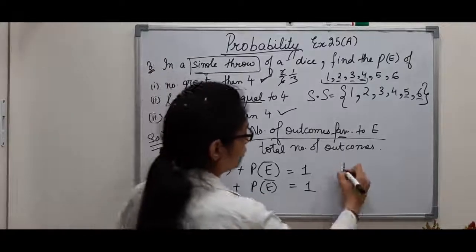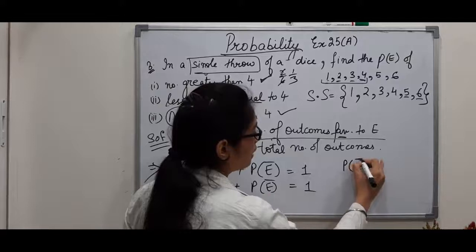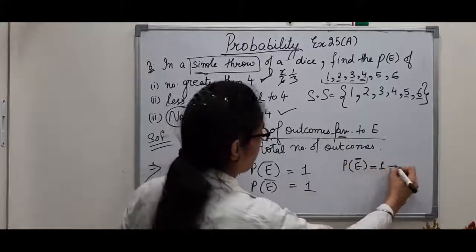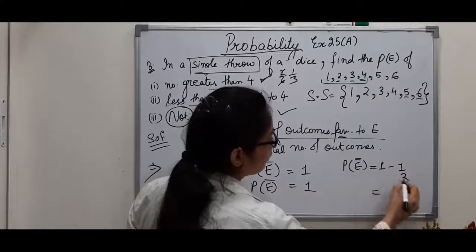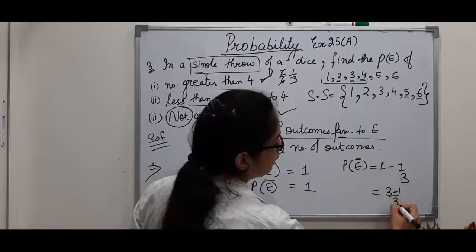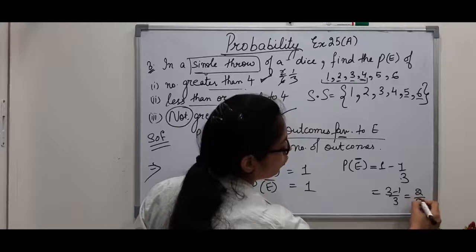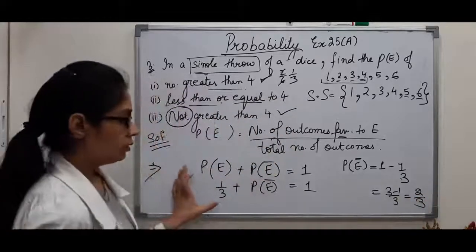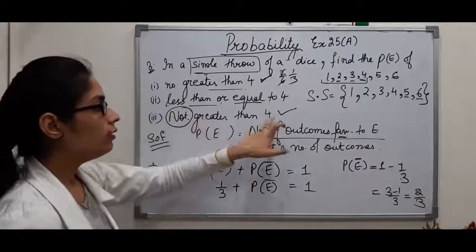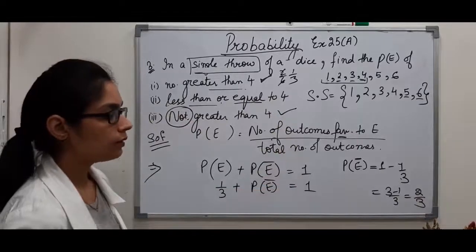So now I can tell P(E bar) is 1 minus 1 by 3. So it will be 3 minus 1 by 3, 3 minus 1 is 2, 2 by 3. So probability of not greater than 4 will be 2 by 3.